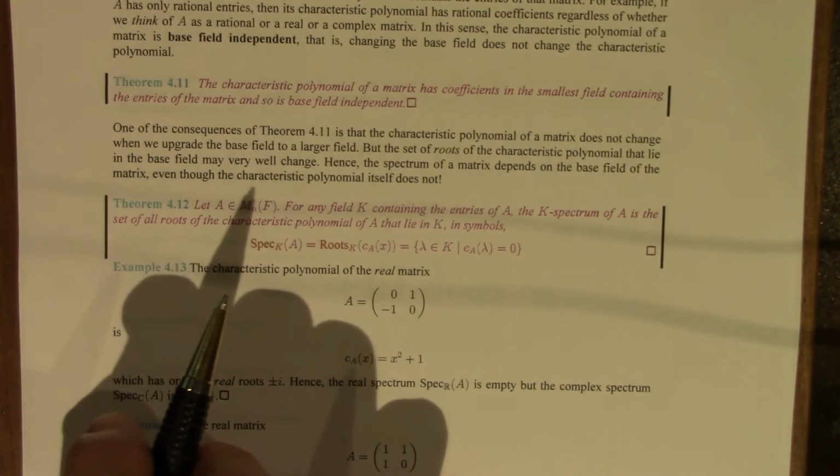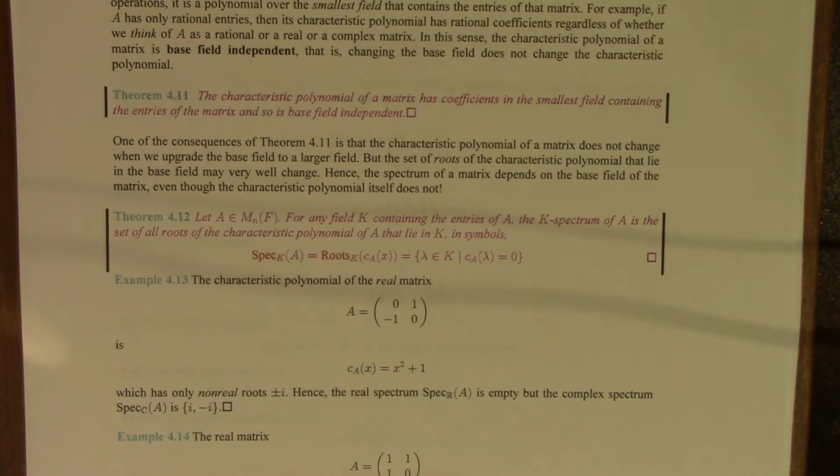This will be important because, as I mentioned before, there are times in particular when we want to think of a real matrix as a complex matrix because the complex field is algebraically closed, whereas the real field is not. And we now know that regardless of whether we think of a real matrix as a real or a complex matrix, it's not going to affect the characteristic polynomial.